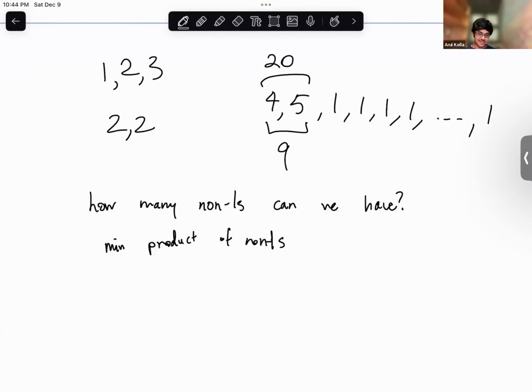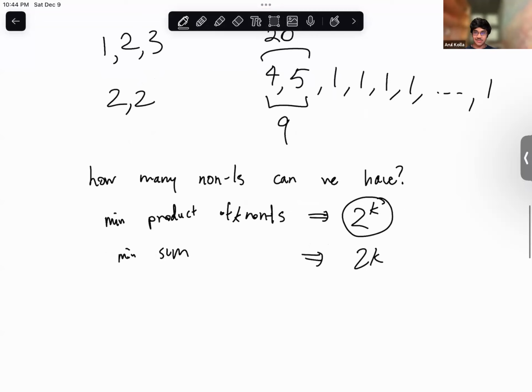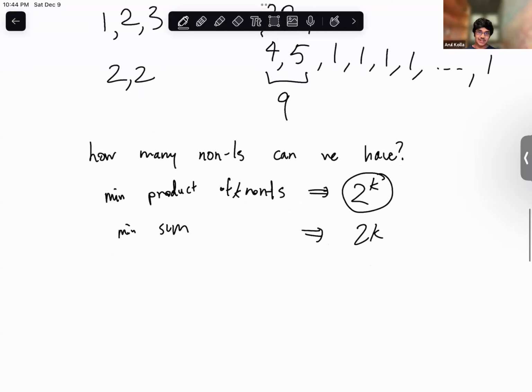Well, that's 2s, obviously. So if we have k non-1s, the minimum possible product is 2 to the power of k, and the minimum possible sum is 2k. So 2 to the power of k obviously grows very quickly with respect to 2 times k.